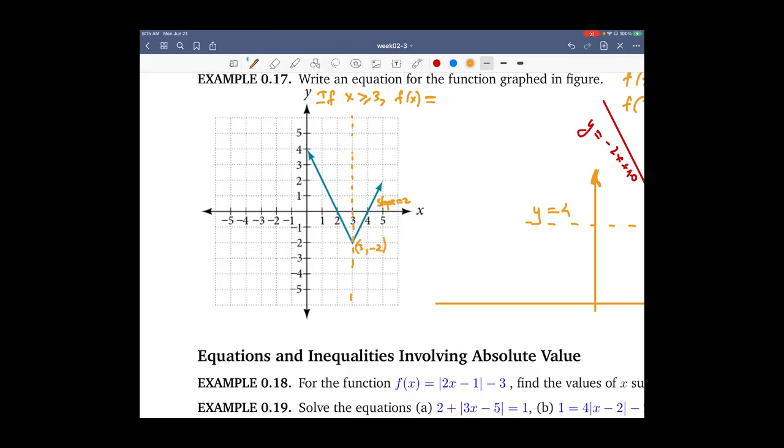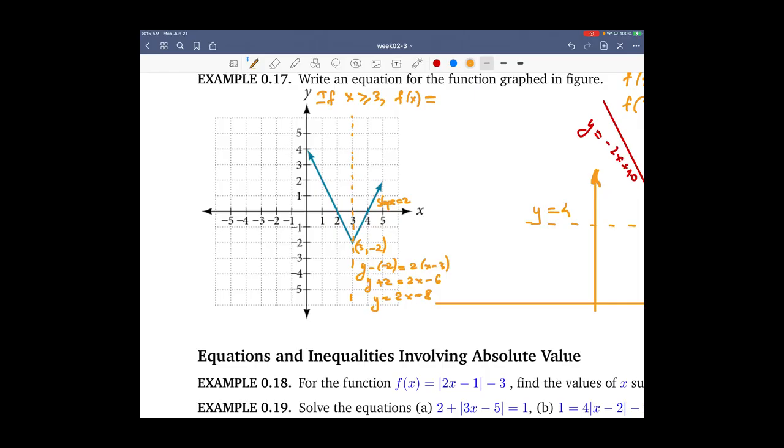So we can use the point slope form for that and write that y minus negative 2 equals slope times x minus the x coordinate. So y plus 2 equals 2x minus 6, or in other words, y equals 2x minus 8.